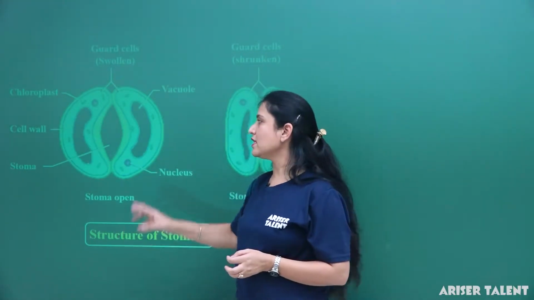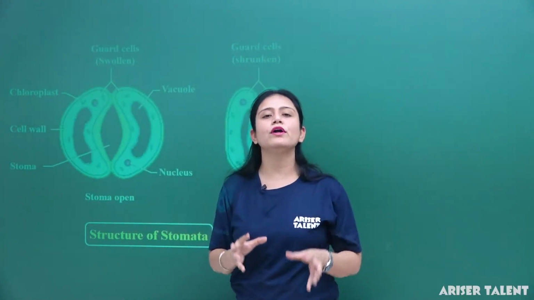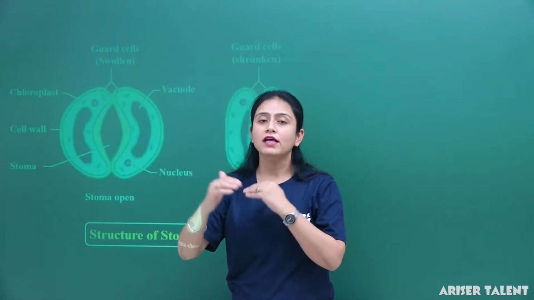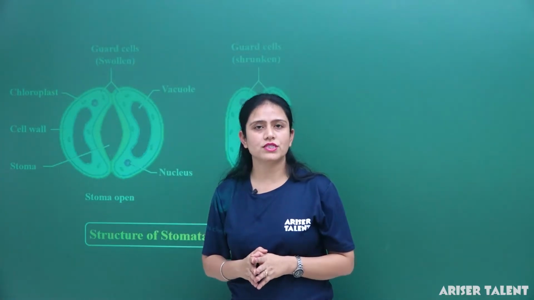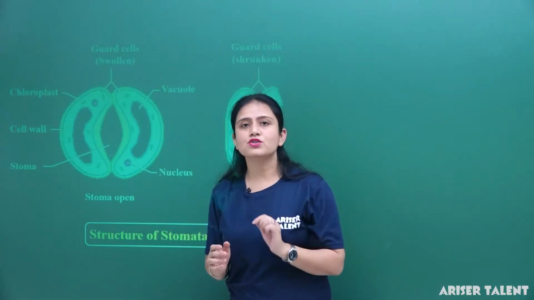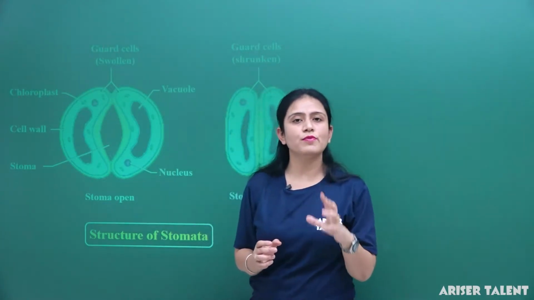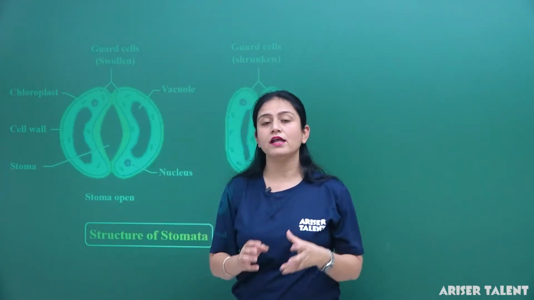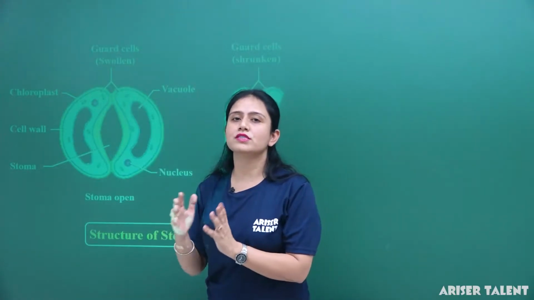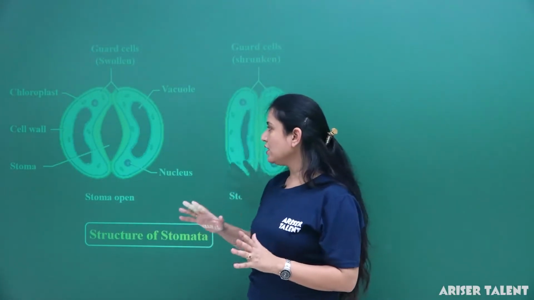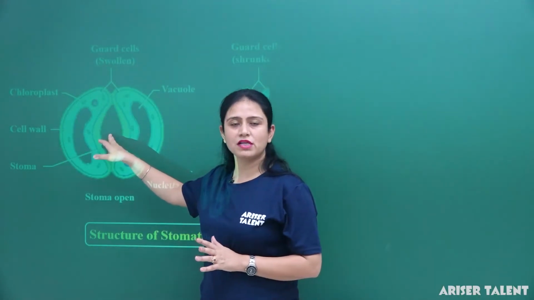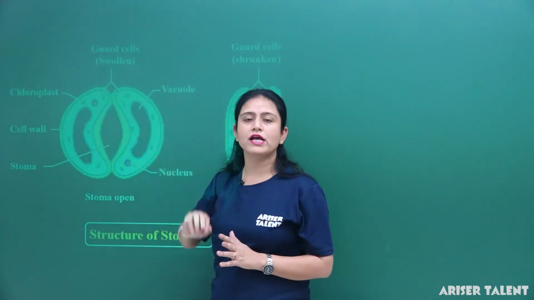This is the reason these pores play an important role in gaseous exchange in photosynthesis. As I told you, in photosynthesis, plants take in carbon dioxide and after the process they release oxygen in the atmosphere. So, all this exchange of gases takes place from this pore known as stoma.